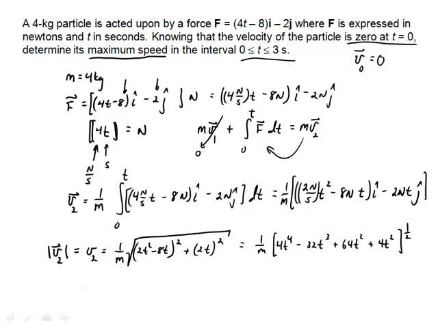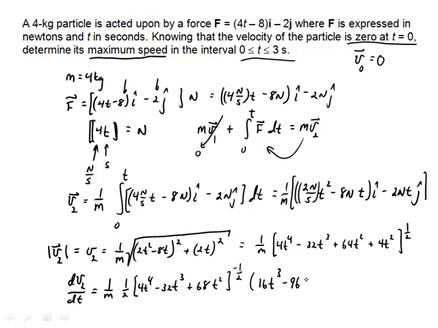That's my speed. So I'm going to take the derivative of speed with respect to time, which is 1 over mass times 1/2 times (4t to the fourth minus 32t cubed plus 68t squared) to the minus 1/2 power, times the derivative of what's inside, which is 16t cubed minus 96t squared plus 136t.